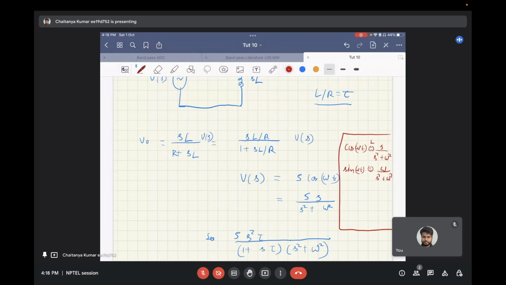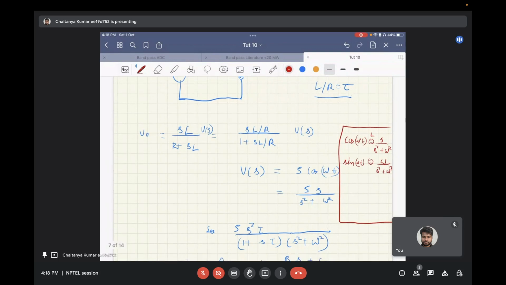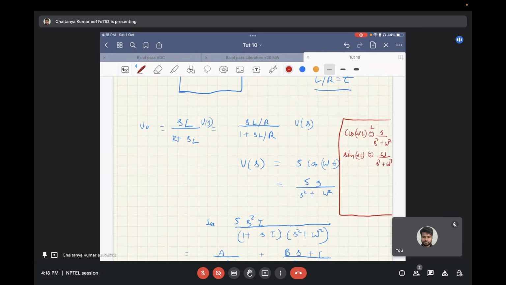So having said that, the Laplace transform of the input comes out to be 5 times s upon s square plus omega square. So the final output comes out to be 5s square tau.